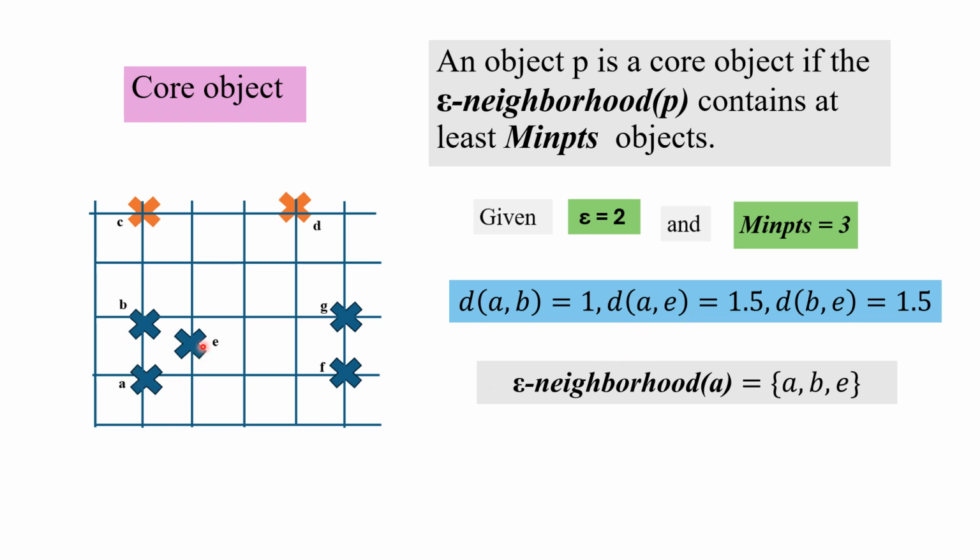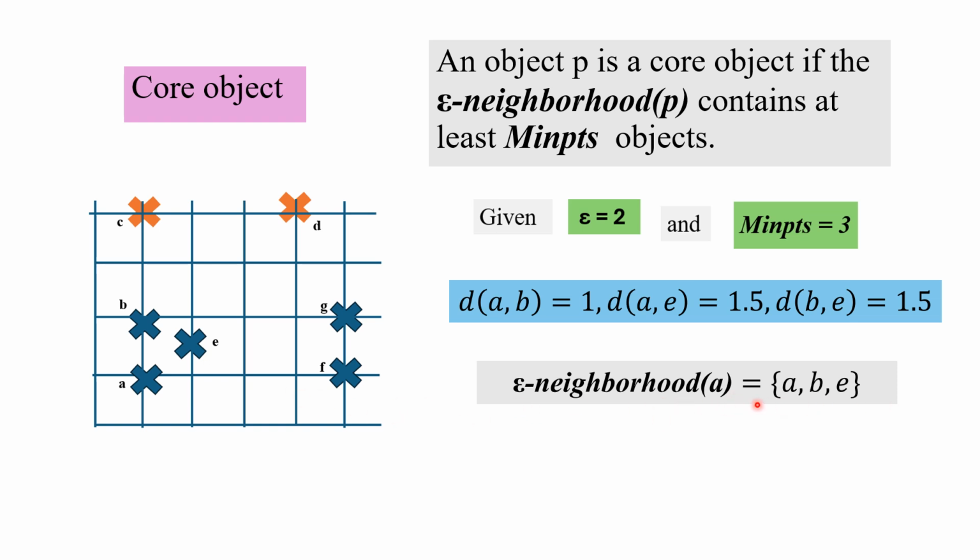We are assuming this E is at the center of the grid. Similarly, BE is also 1.5. If we take the epsilon neighborhood of A, it includes B and E, and A, of course, itself is included. Similarly, the epsilon neighborhood of B includes A, E, and B itself, and similarly for E.